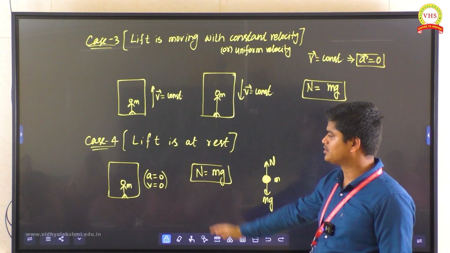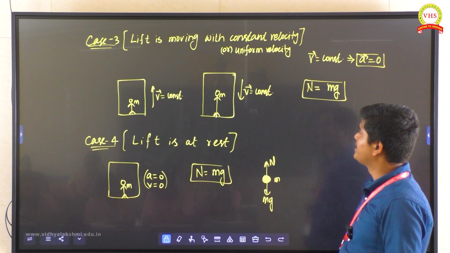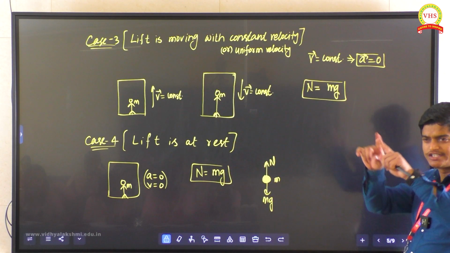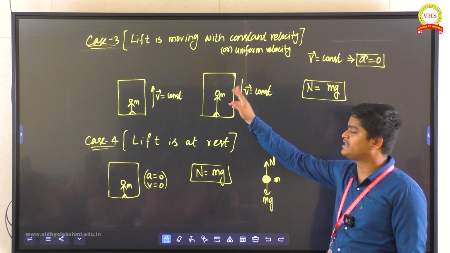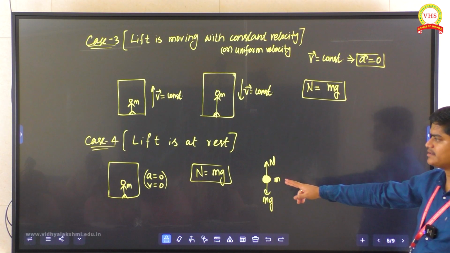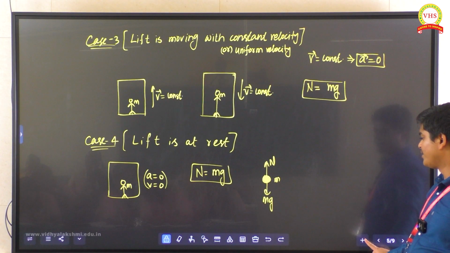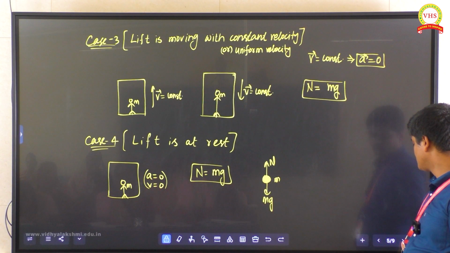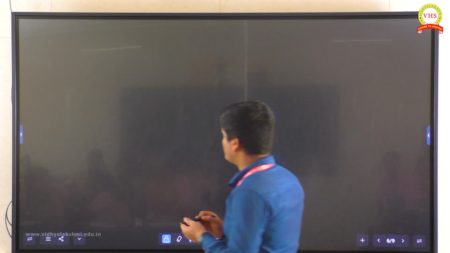Lift is at rest, lift moving. That box is taken as a lift, don't get confused. You check and write it yourself. Let me go for the next case, and after that I will give time to write.